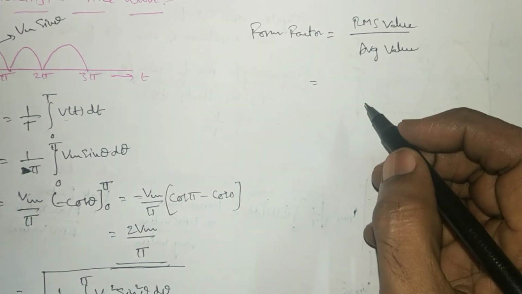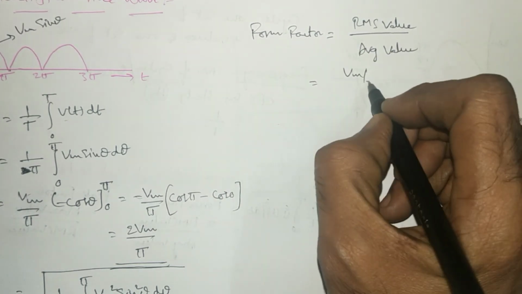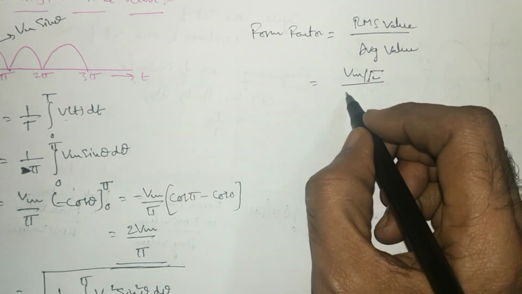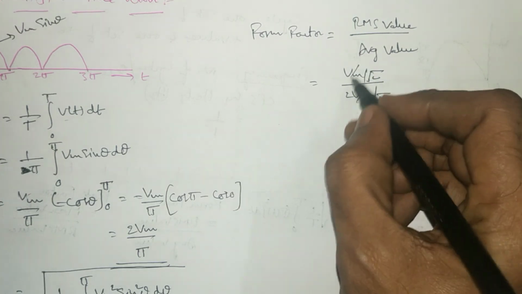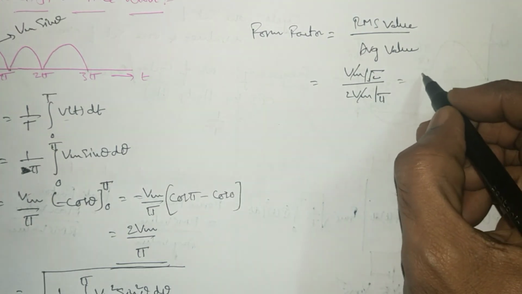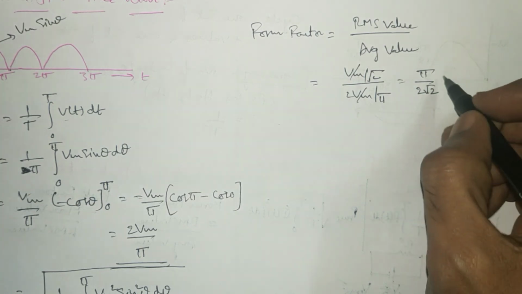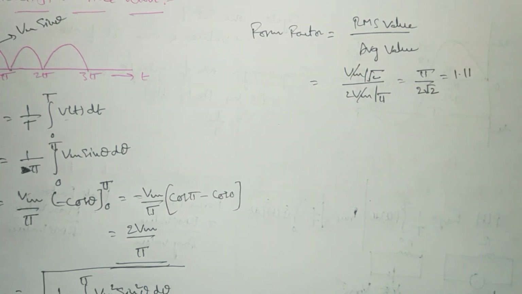The RMS value is Vm by root 2 and the average value is 2 Vm by pi. Vm cancels, and we get pi by 2 root 2, which is equal to 1.11. This is the standard value that we consider as the form factor for a sine wave.